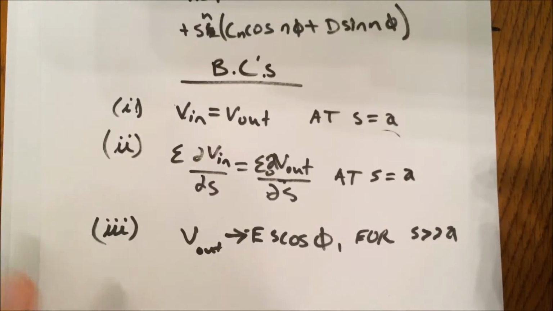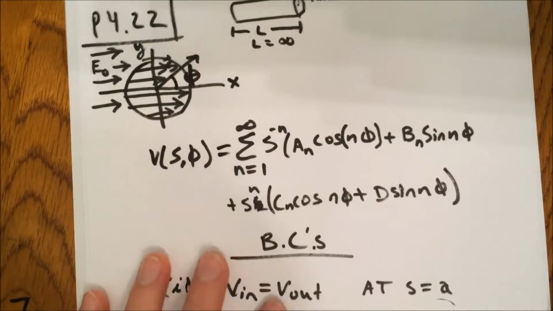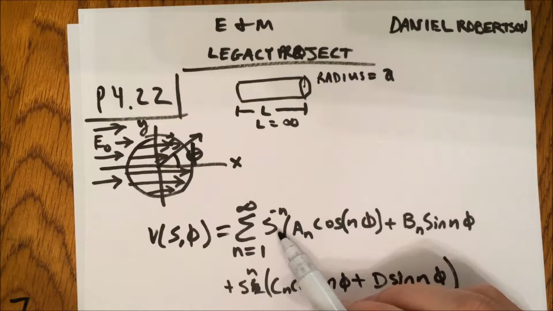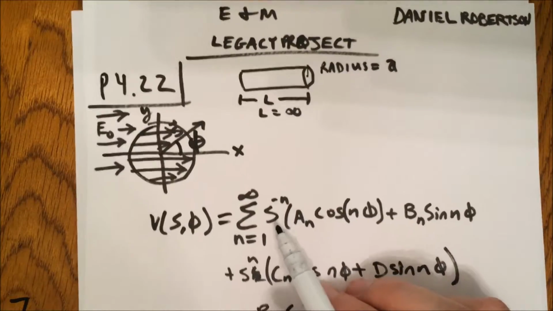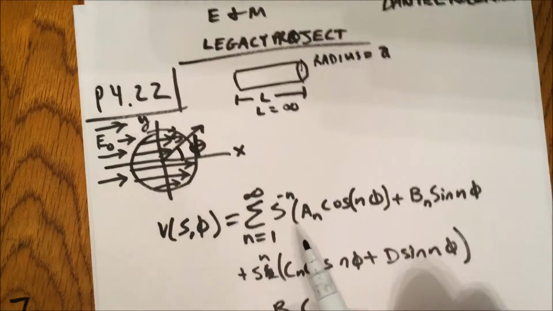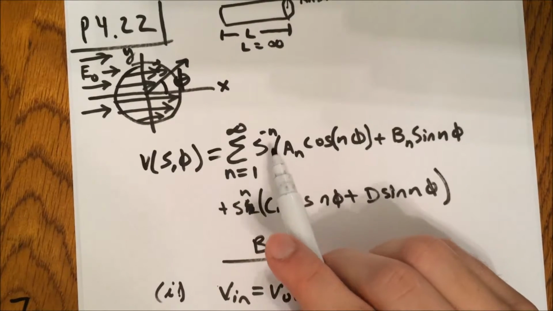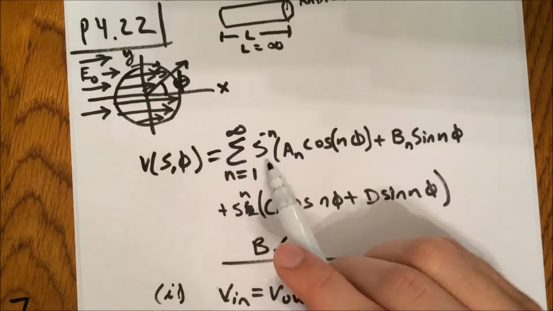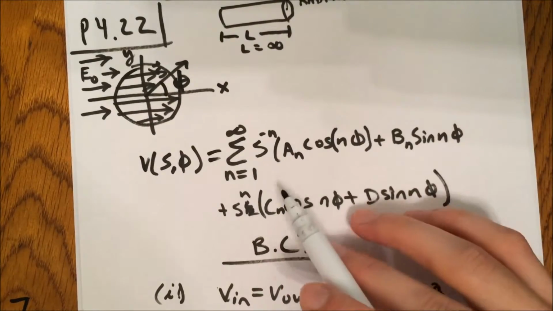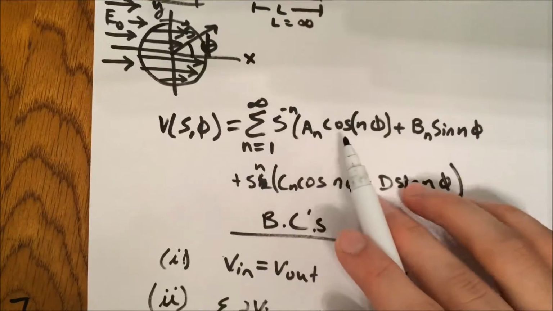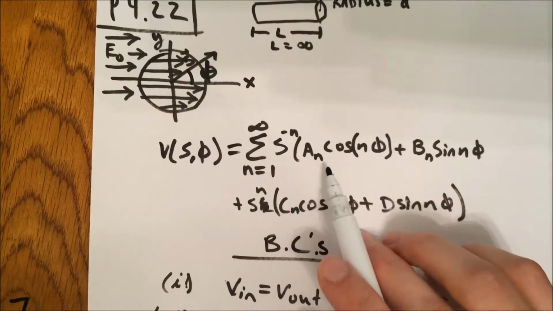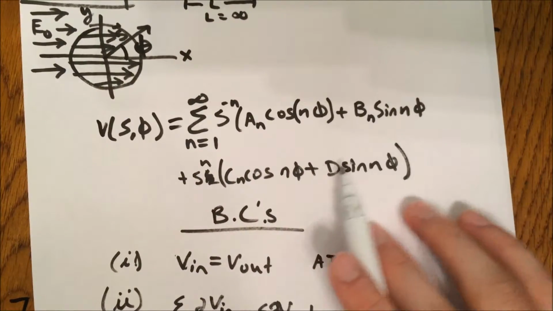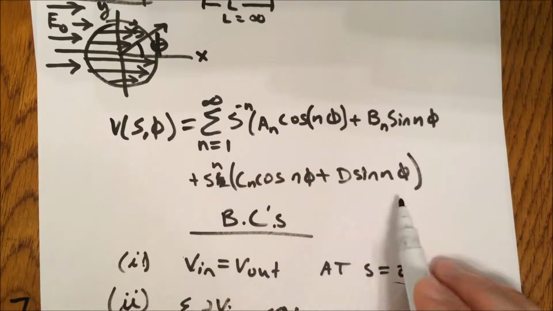Okay, so we have our boundary conditions, and we want to look at what happens inside the cylinder. Inside the cylinder, S can be equal to 0. So the potential function can be reduced because at S equals 0, we have 1 over S, and that is undefined there. It'll be infinity. So inside the cylinder, that term blows up, and then all we're left with is this.